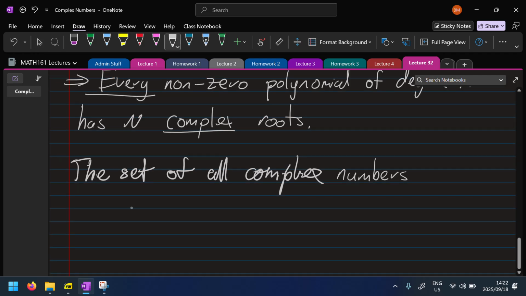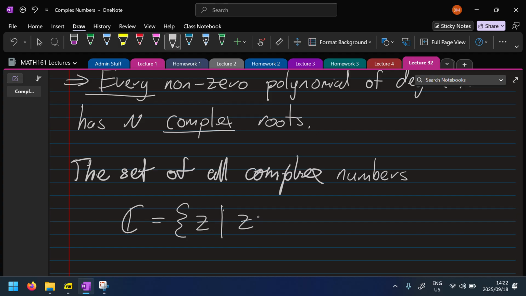This is given by C with a vertical line, very similar to how we have the natural numbers as N with the little line there, or the real numbers as R with the little line. Here we have C. So this is the set of all z. Usually complex numbers are written as z. Other letters are reserved for real numbers, z is reserved for complex numbers.